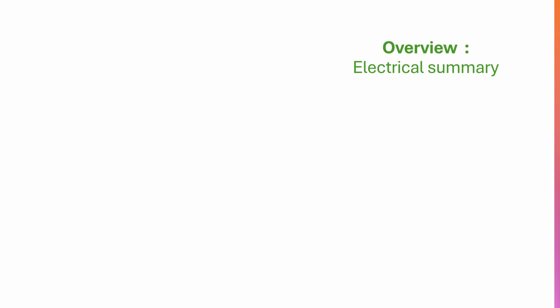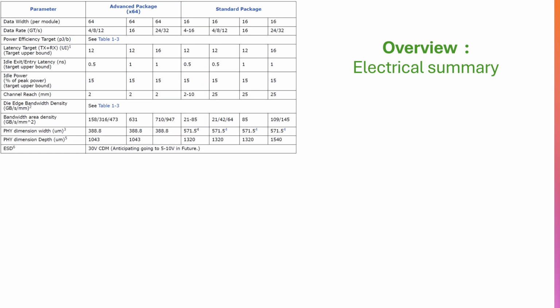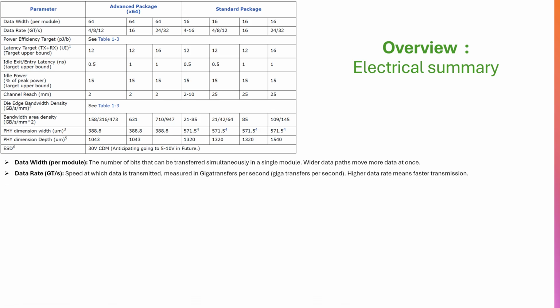Now let's look into this electrical summary. Some of the parameters are given here for both the advanced package module as well as the standard package module, and for different data rates also. For example, data width per module means the number of bits that can be transferred simultaneously in a single module.